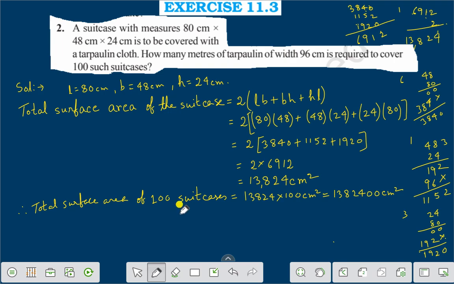Then the area of required tarpaulin is equal to length into breadth, and this is equal to 1,382,400 centimeter square.